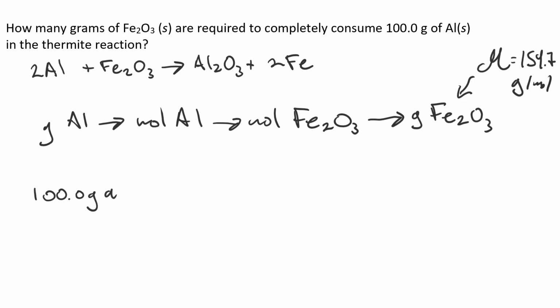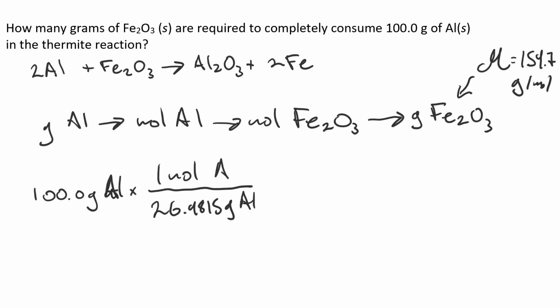100.0 grams of aluminum. Convert to moles by dividing by the molar mass. 26.9815 grams of aluminum is 1 mole of aluminum. Verify that your units cancel properly. On to the next conversion.